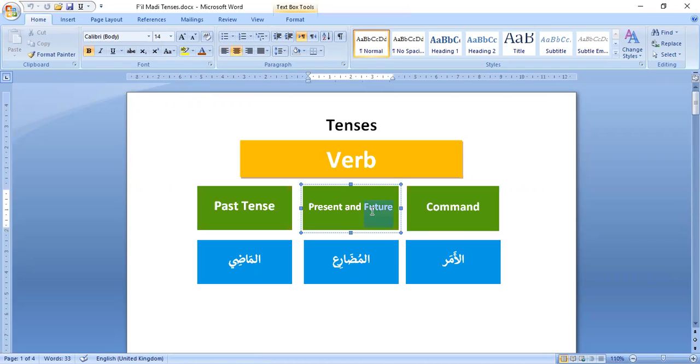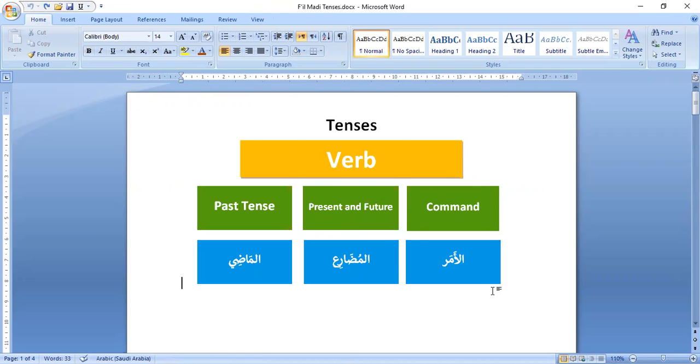It should be like this, but they made it the other way around, because Amr has its own style, its own scale, and its structure is different. To be honest, it does follow Mudari. Sometimes you can call it under Mudari, but it's a bit different. You need to learn the structure, and there are a few extra rules, so that's why it's known as separate. So it's really Madi and Mudari, and Amr is part of Mudari. Command is just a subset of present and future.